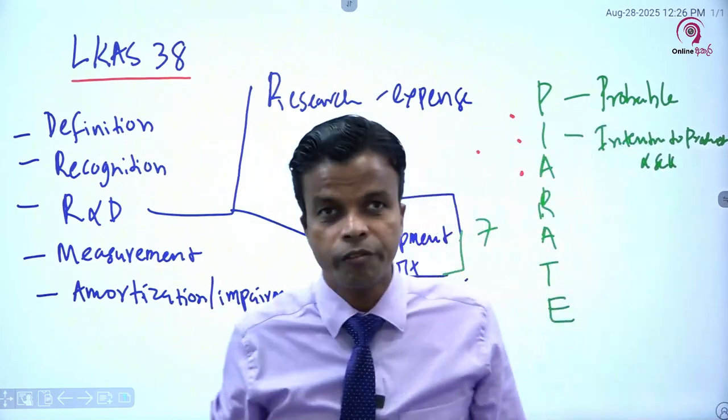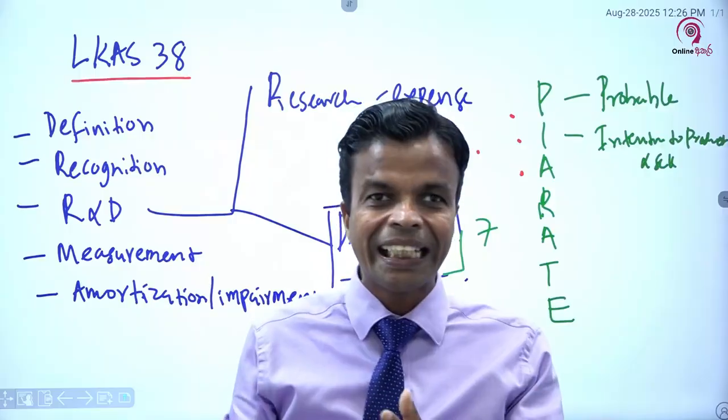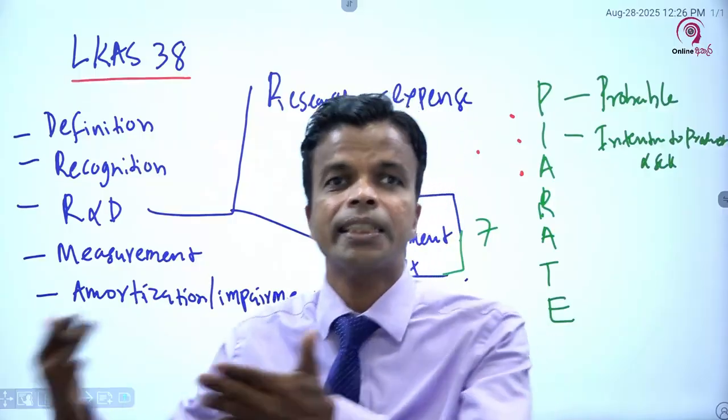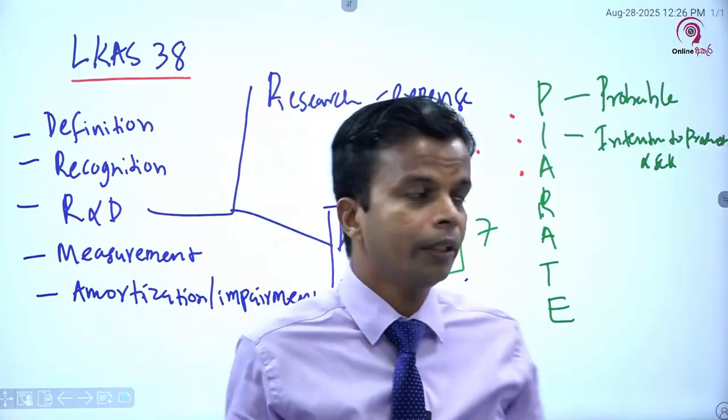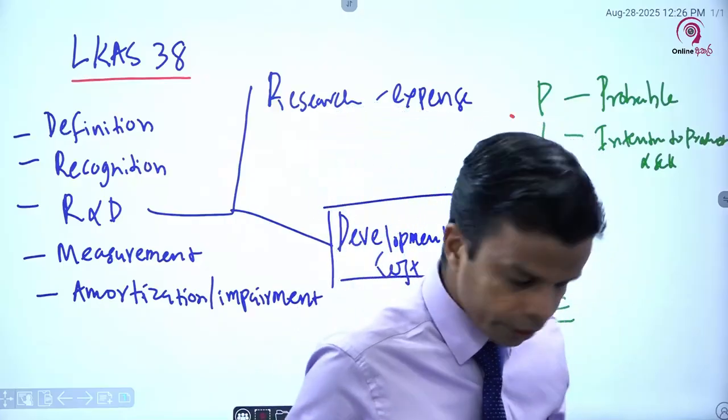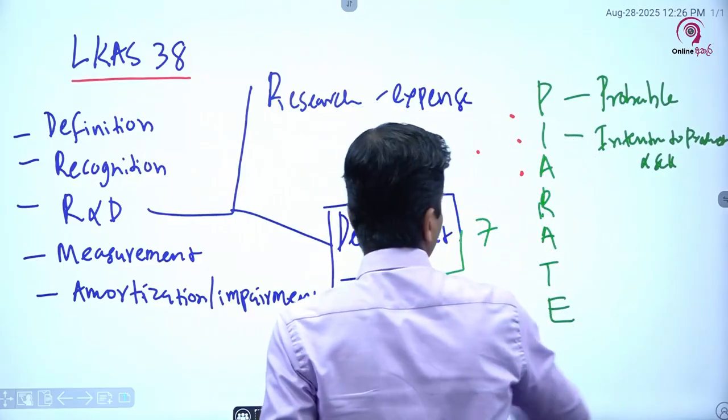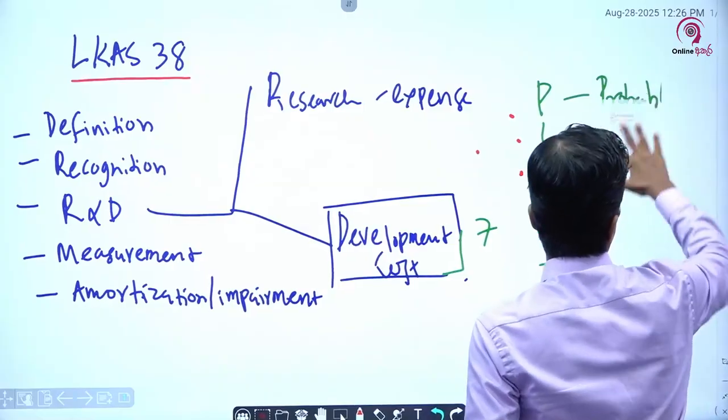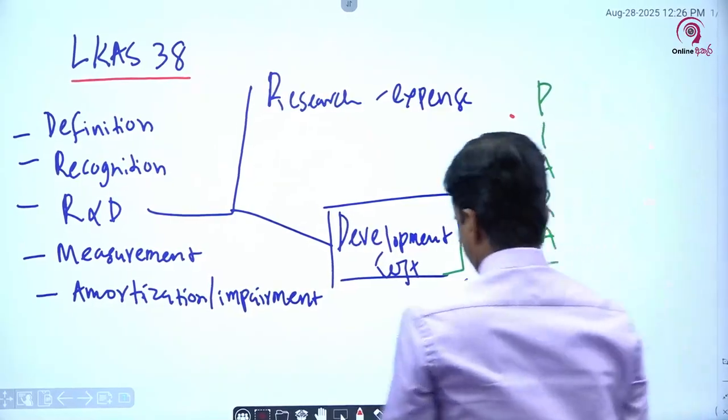Now you start your development, but there must be an intention to complete the production and sell it. Otherwise, no point, right? So there should be the intention to complete.